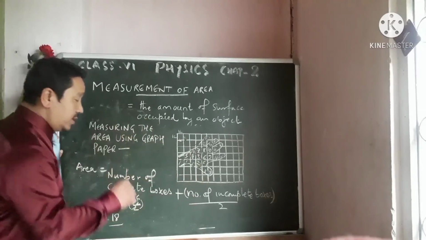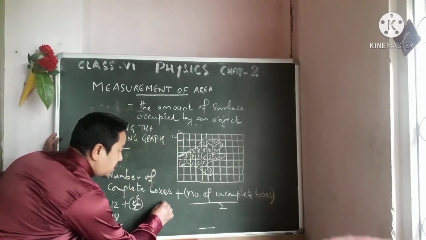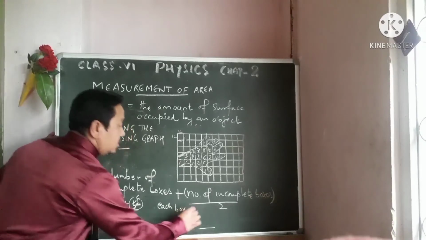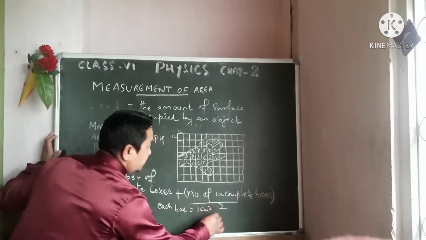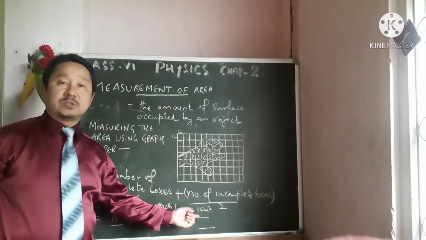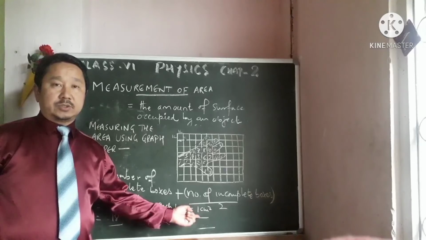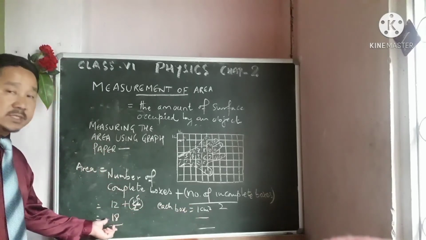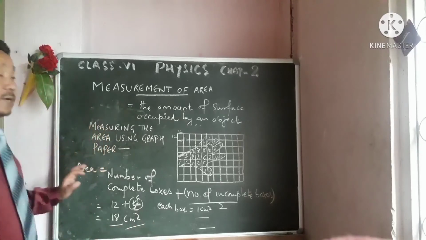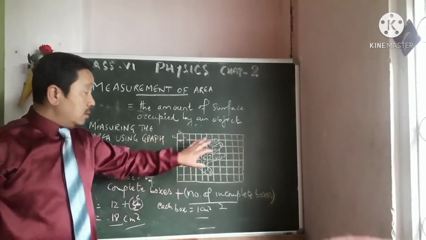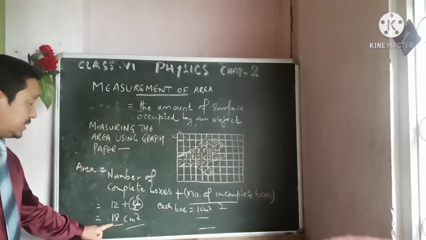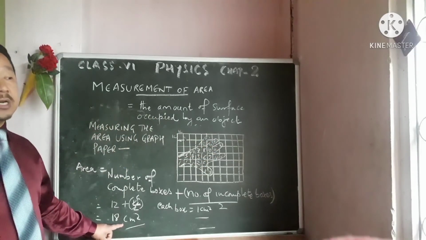Which means, as you have already come to know, that each box equals 1 square centimeter. That means each box has the area of 1 square centimeter. So 18 boxes means it is 18 square centimeter. That means the area covered by the outline of your hand is approximately 18 square centimeter.